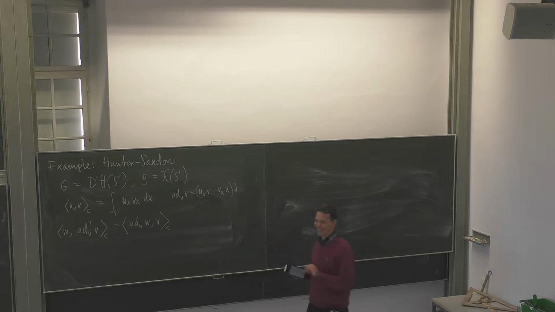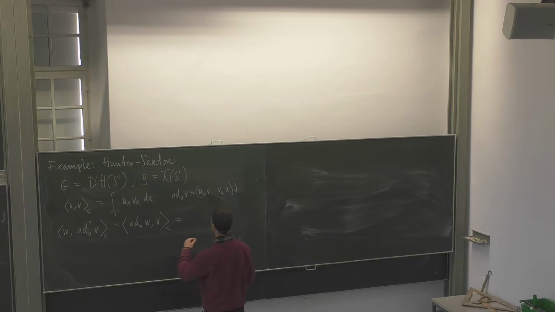Okay, yes, you're right. Let's work out the minus signs as we go. Okay, so now let me do this calculation. I wanted to do it carefully, but let me do it a little bit quickly.